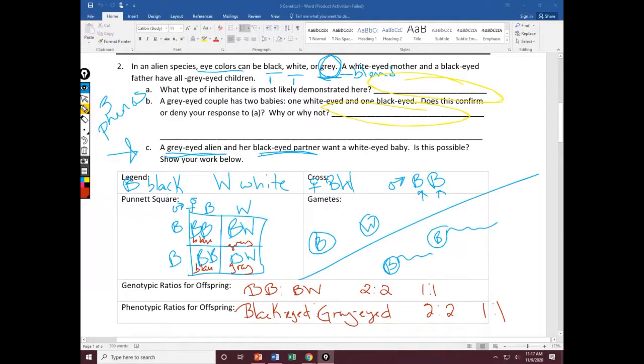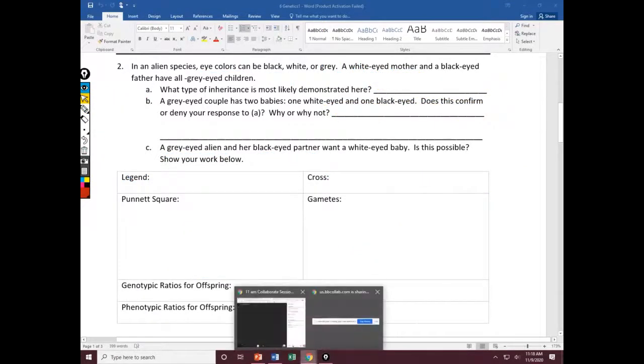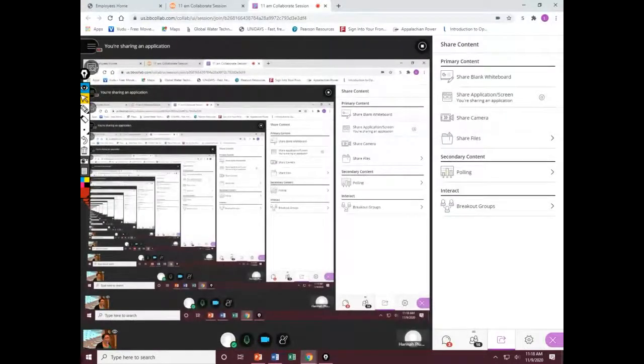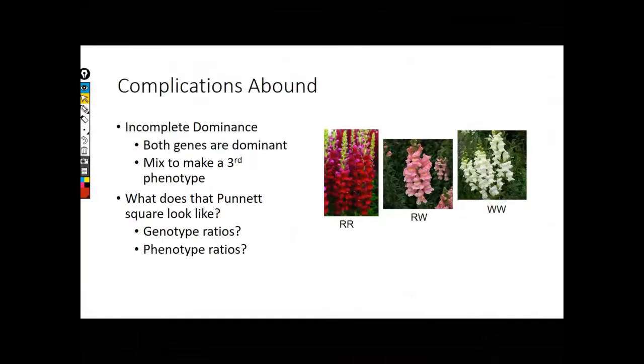Any other questions about incomplete dominance? Okay, so remember the key here when we're doing incomplete dominance is our 2 defining features.